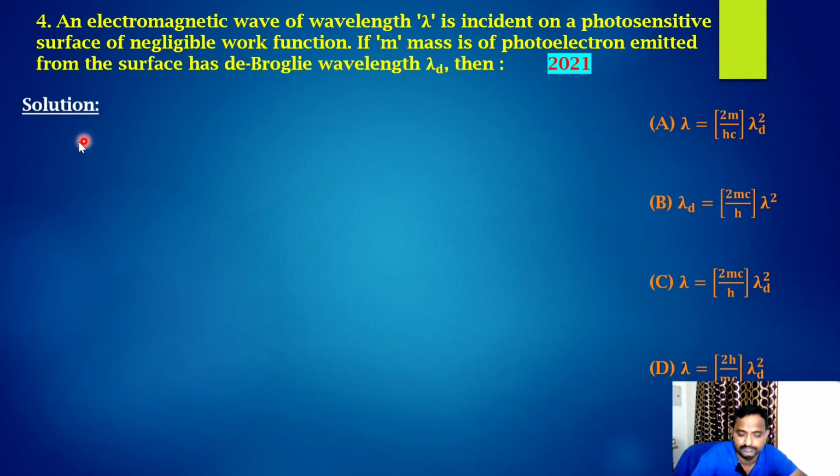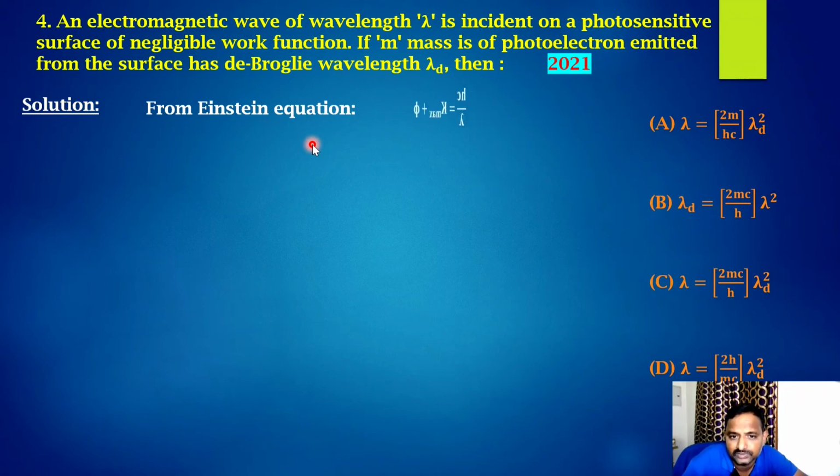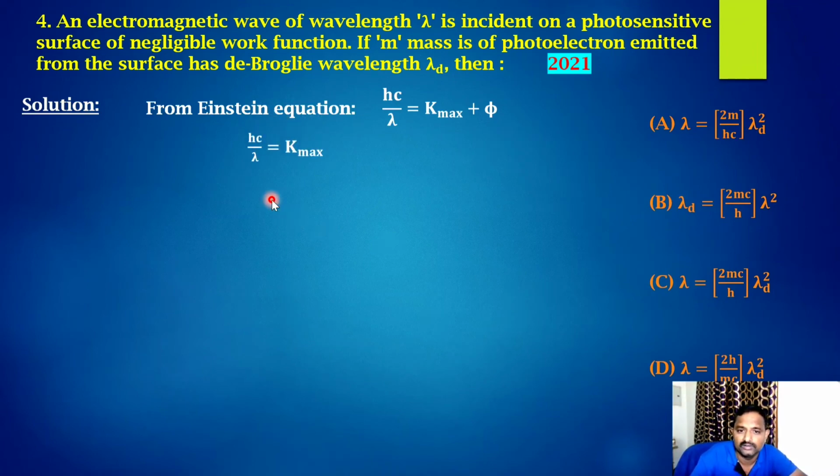Solution. From Einstein's equation we know that hc by lambda is equal to maximum kinetic energy plus work function. So from the above step we got hc by lambda is equal to maximum kinetic energy, since here the work function is negligible. Why? Because in the problem they have given negligible work function.